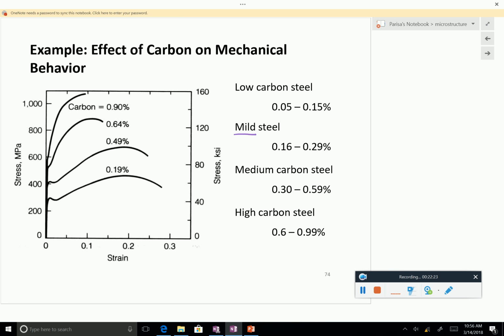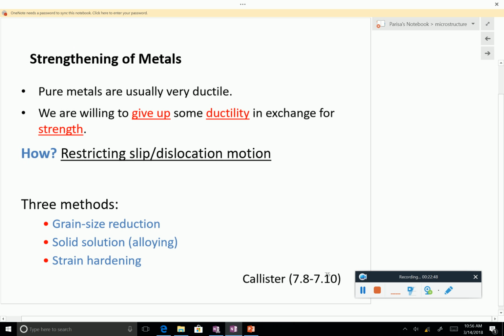If you are talking about a high carbon steel, it means that it has a high strength but low ductility. So there is a trade-off between strength and ductility when you make steel alloys. I really like this diagram, so I hope that everyone pays close attention to this diagram.